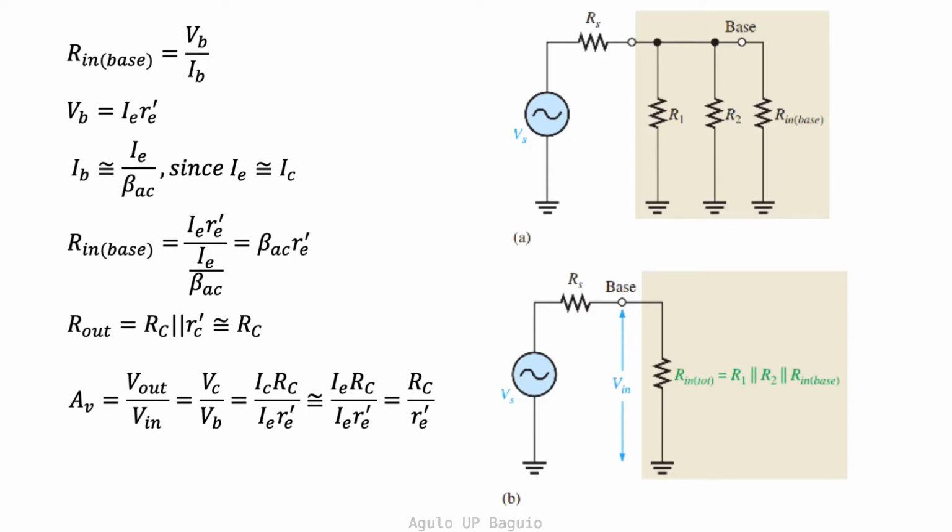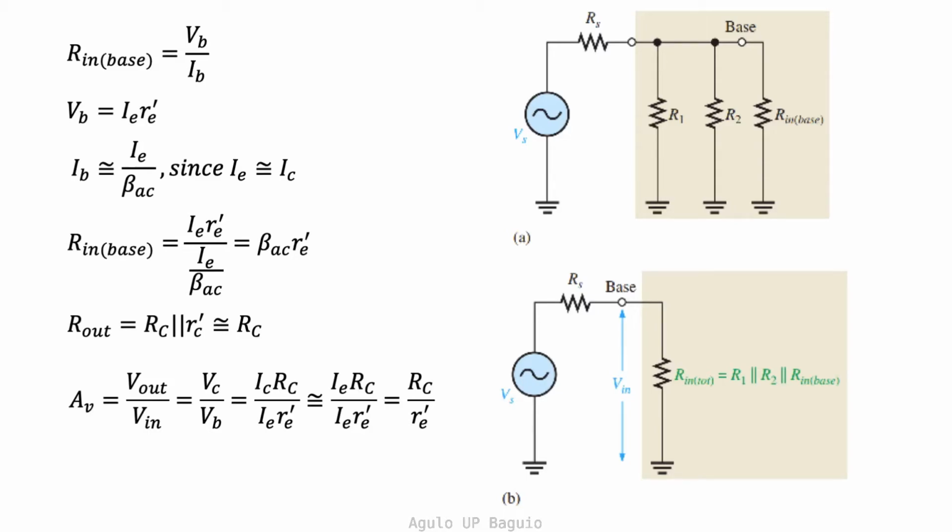We can now solve for the voltage gain of the amplifier. The voltage gain, A sub V, is defined as the output voltage divided by the input voltage. The output voltage is measured across the collector resistor. Since the collector and emitter currents are about the same, then the output voltage is just the product of the emitter current and the output resistance, which is just the collector resistance.